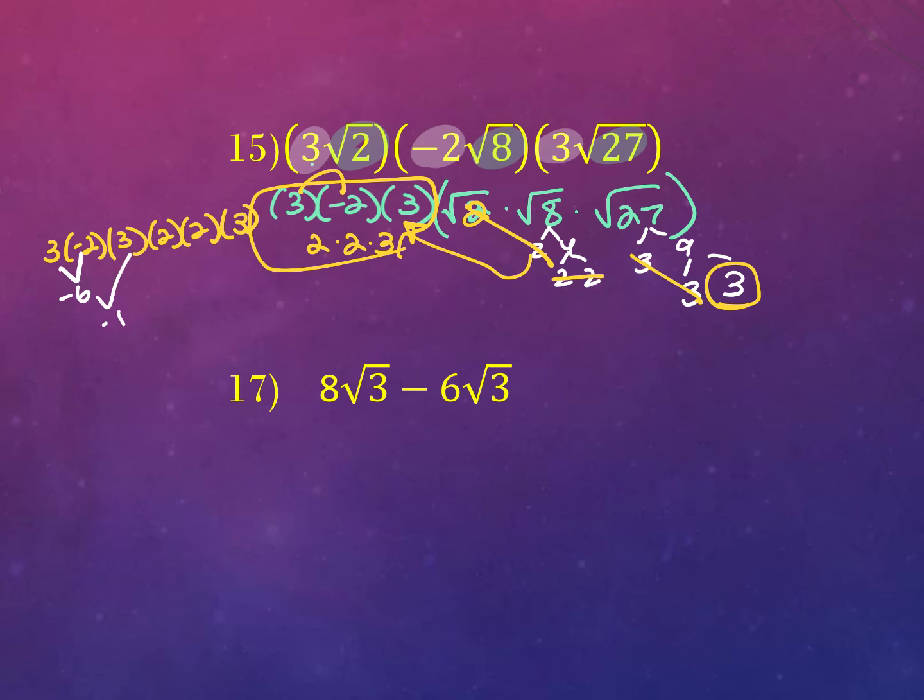Times 3, negative 18, times 2, negative 36, times 2, negative 72, times 3, negative 216. That's on the outside. And then the 3 stays underneath.